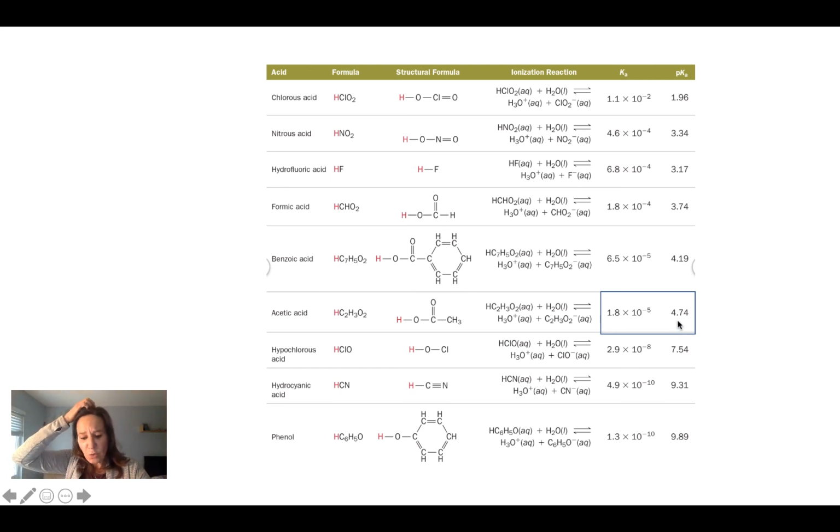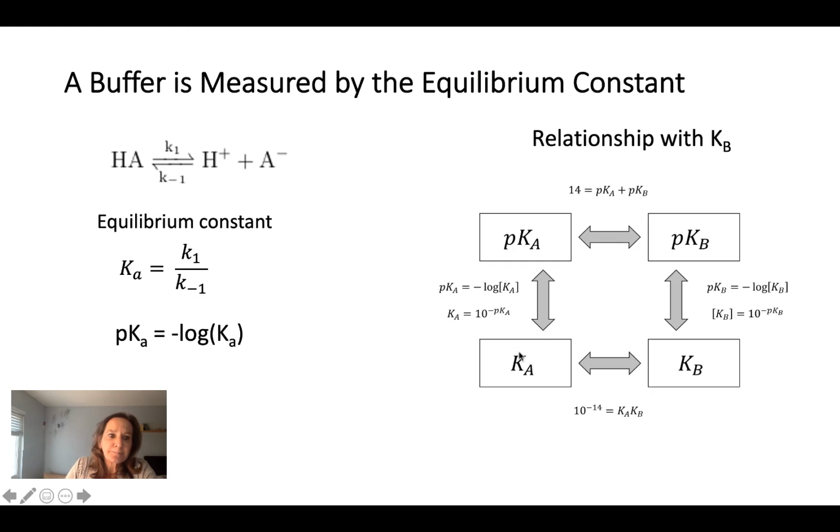So what do we know about Ka and Kb and their magnitude? If Ka is large, then we know that the K1 is going to be significantly greater than the K negative 1, so it's going to be skewing the reaction to this side.